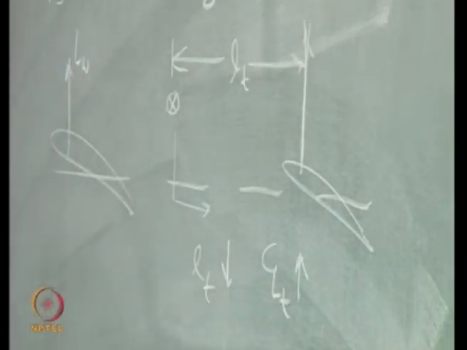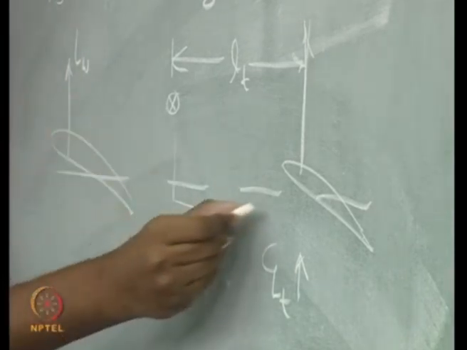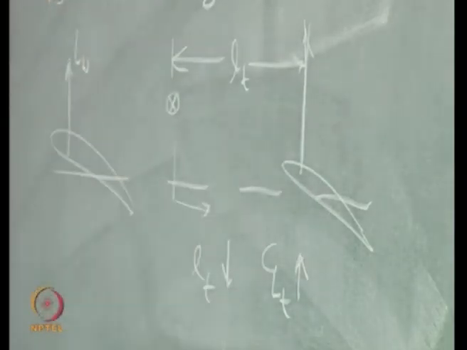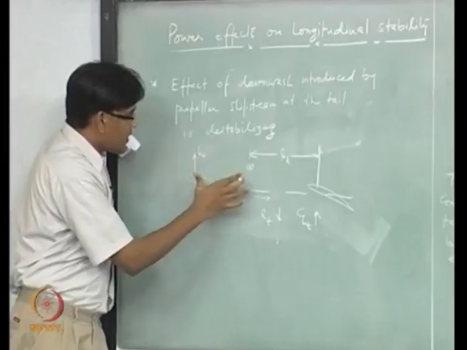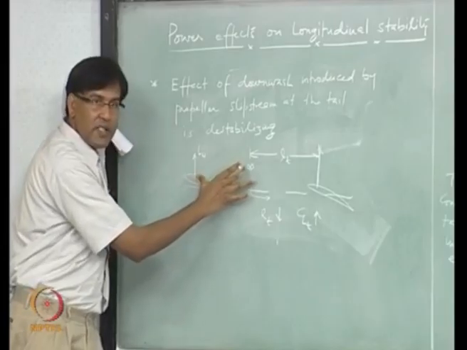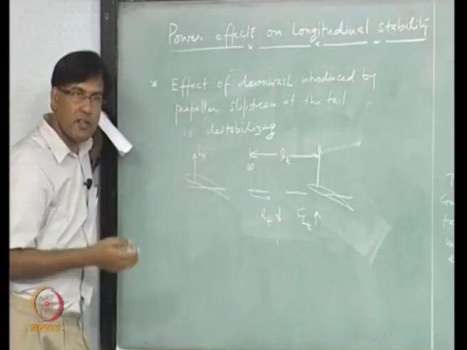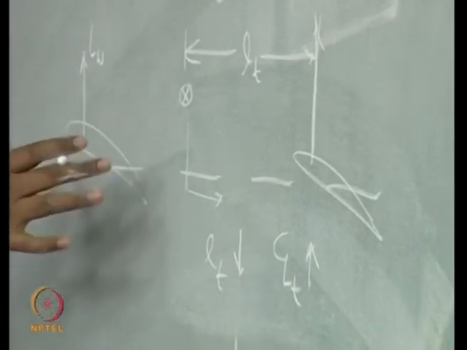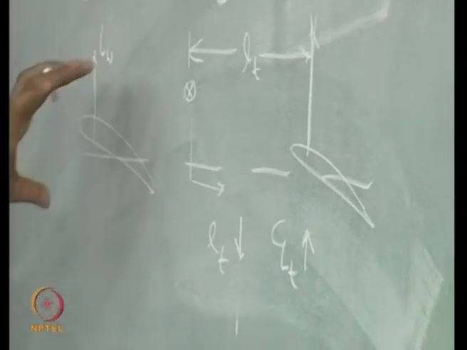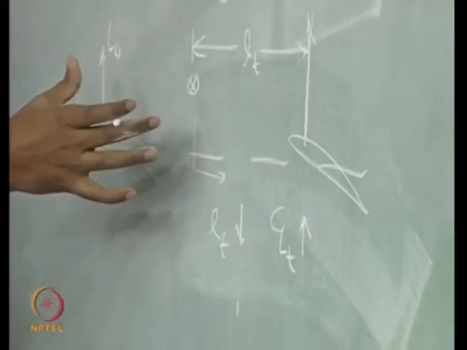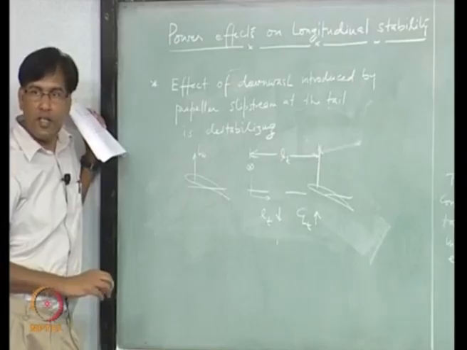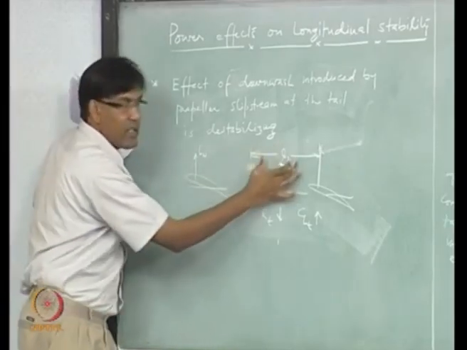So that is stability. What about trim? When we are moving the CG backward or towards the tail, then this arm length is going to increase, so more destabilizing effect from the wing, right. But to trim the aircraft, what will you do? You have to cancel out this moment, right. So you have to increase the lift at the tail. Is that clear? Because this arm length goes down.